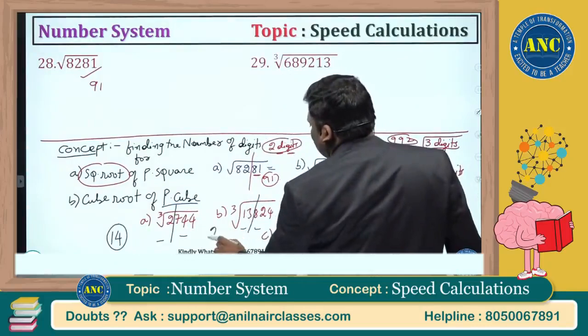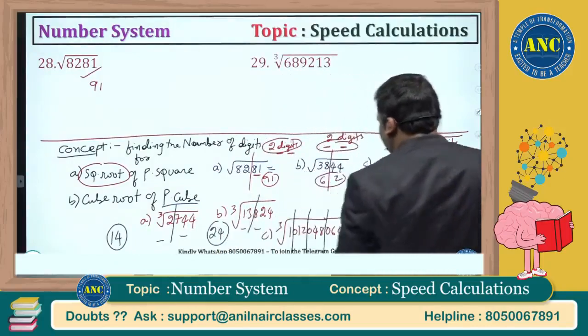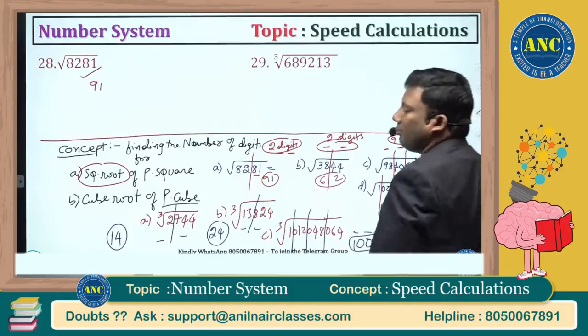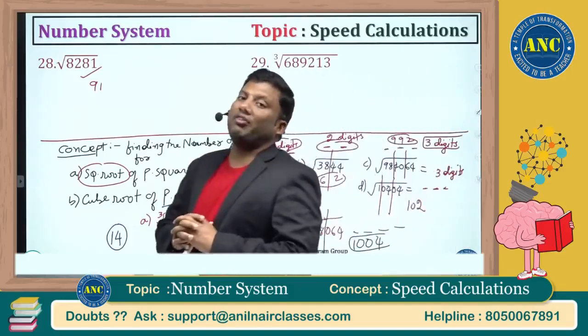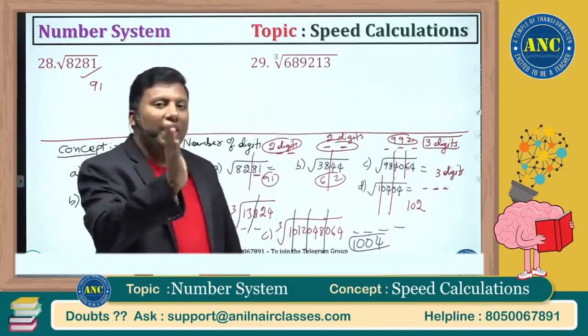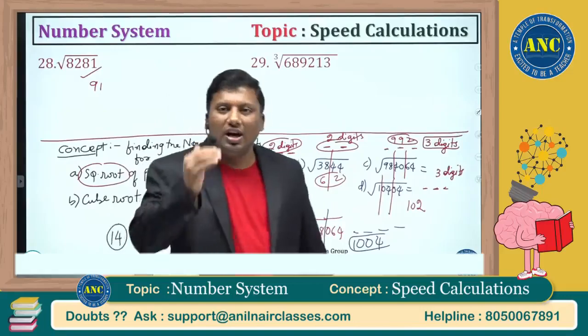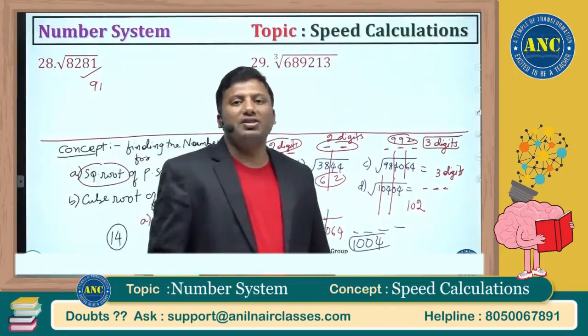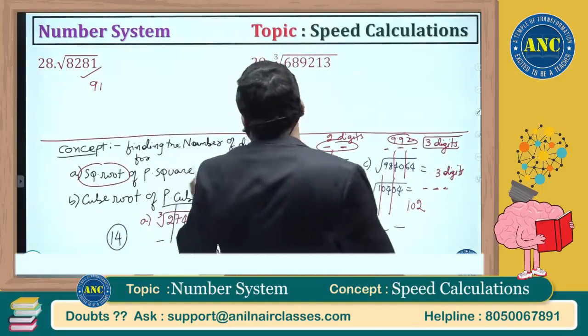If you solve these, 1024 and 1004, all are matching. If it is the square root of a perfect square, take a group of 2 digits and check how many such groups are there. If the number of digits is less than 2, prefix 0.